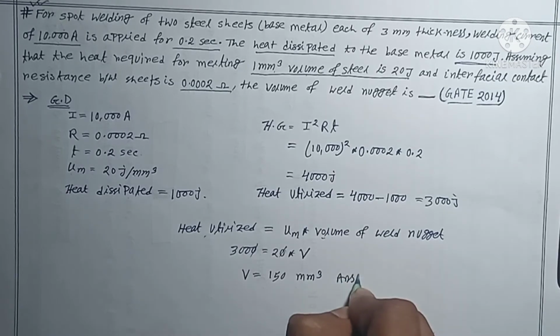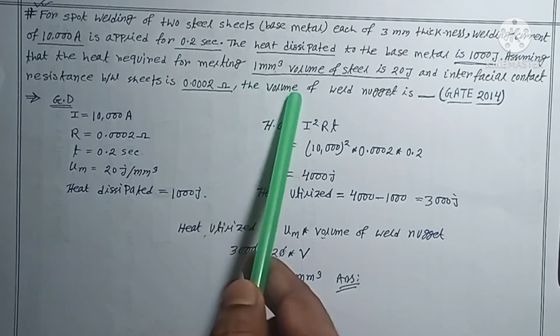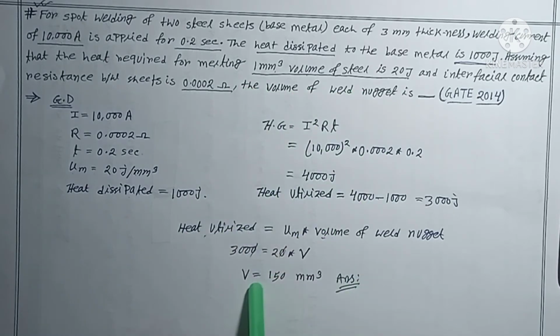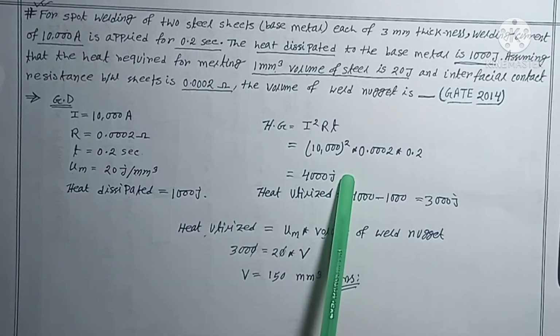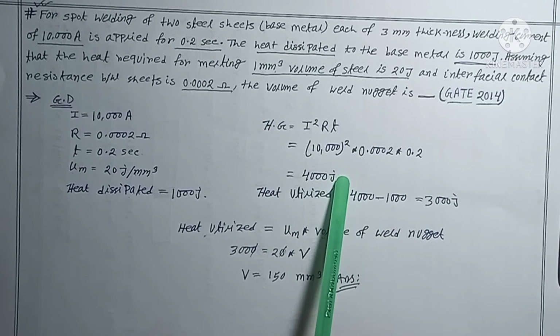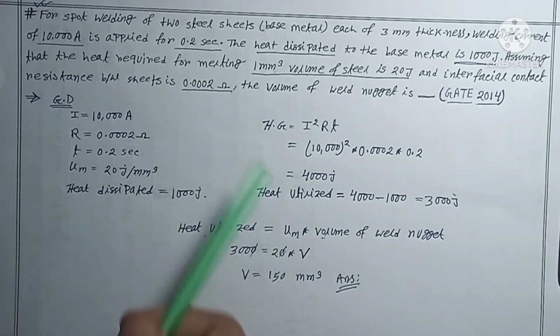So this is our required answer. They basically asked the volume of weld nugget, and 150 mm cube is our answer. So in this question heat generation is involved, and after heat generation the unit melting energy is also involved. So basically two important formulas you have to use to solve this question.